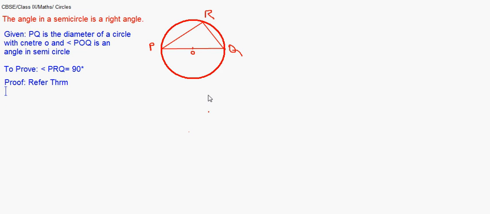We get angle POQ is twice angle PRQ. We also have angle POQ as 180 degrees. So 180 is equal to twice angle PRQ, thereby making angle PRQ 90 degrees, right? So we got PRQ as 90 degrees. That's what we were supposed to prove.